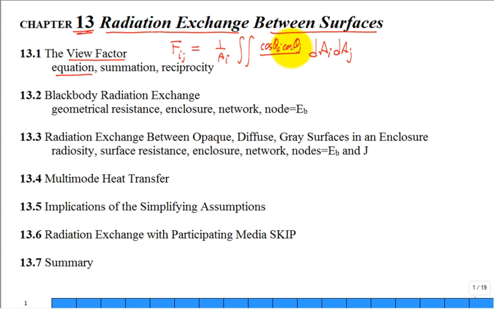Those are two angles from the perpendicular of surface I and the perpendicular of surface j of the line that goes between the point of interest on surface I to the point of interest on surface j. That's a little complicated, but that's what that is. And it's divided by pi r squared, and r is the distance between the point of interest on surface I and the point of interest on surface j.